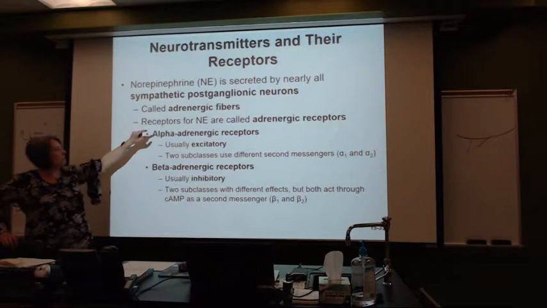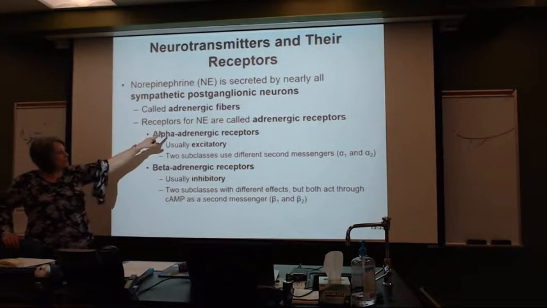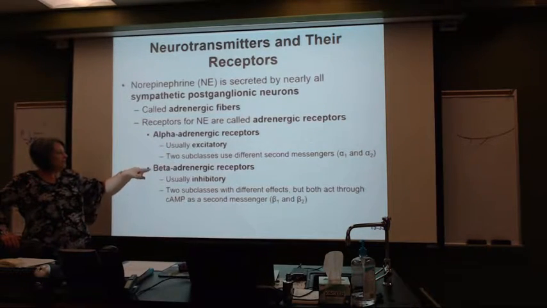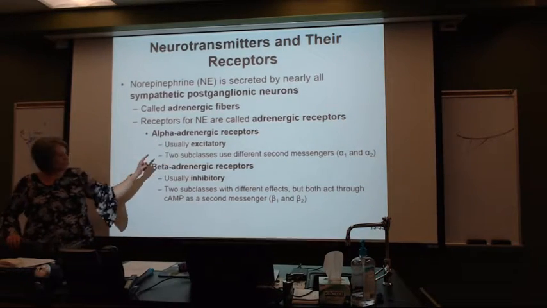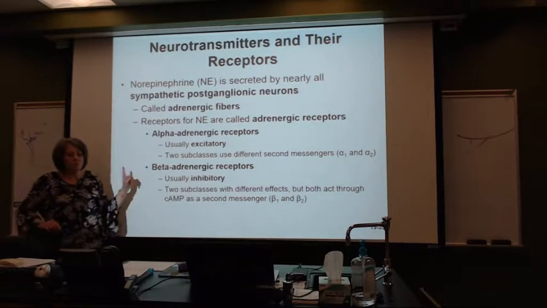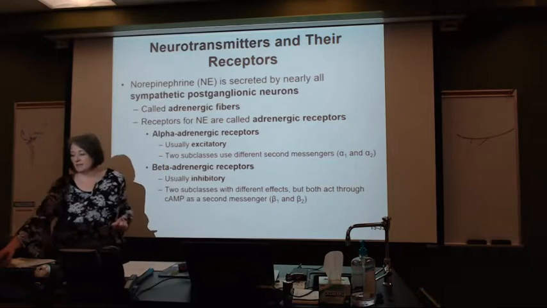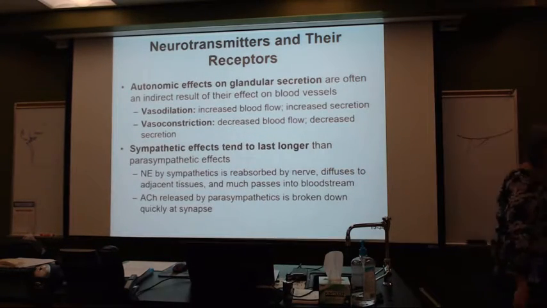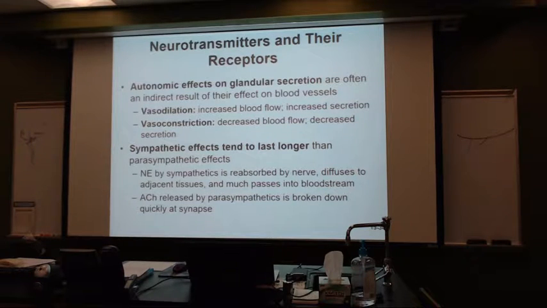Receptors for this are called adrenergic. They have alpha and beta. Alpha is usually my excitatory, beta is usually my inhibitory. Once again, depending on the tissue, the receptor on the cell determines if it's excitatory or inhibitory.